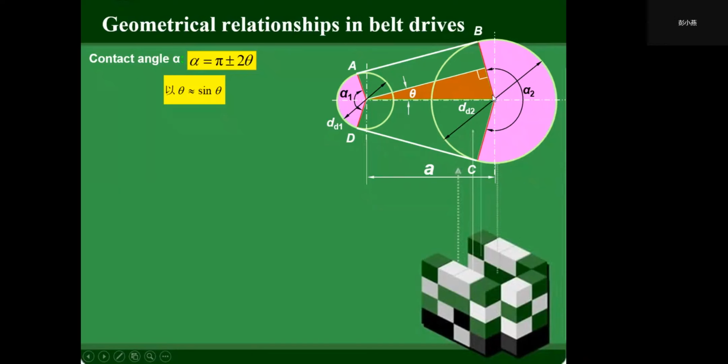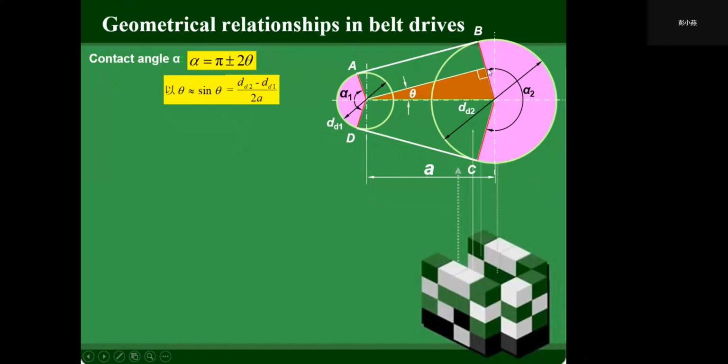And this length is the difference between the radius of the driven pulley and the driving pulley. So we have this.